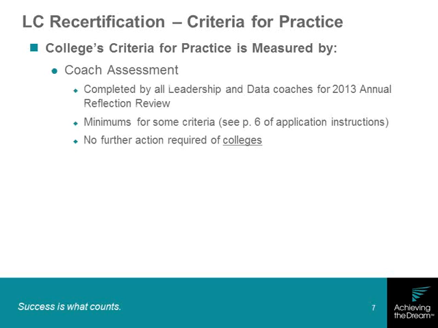This is done every year by the coaches and marks the progress of the college related to the core principles of the Achieving the Dream institutional improvement model. This is, again, done by the coaches, so there's no further action required of the colleges. The coaches will submit this directly to Achieving the Dream.